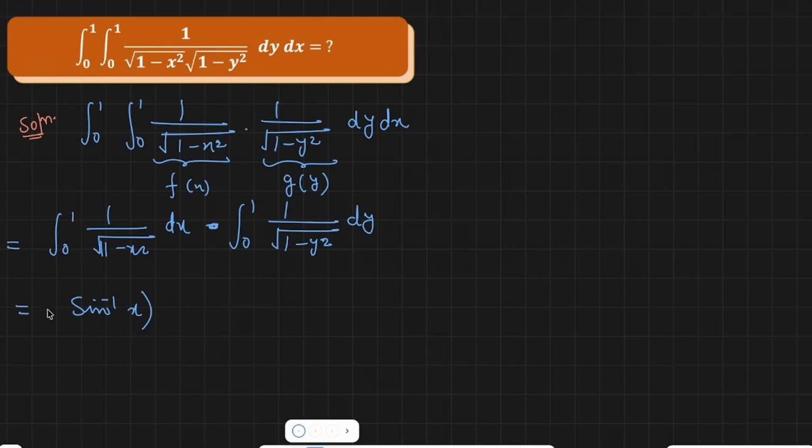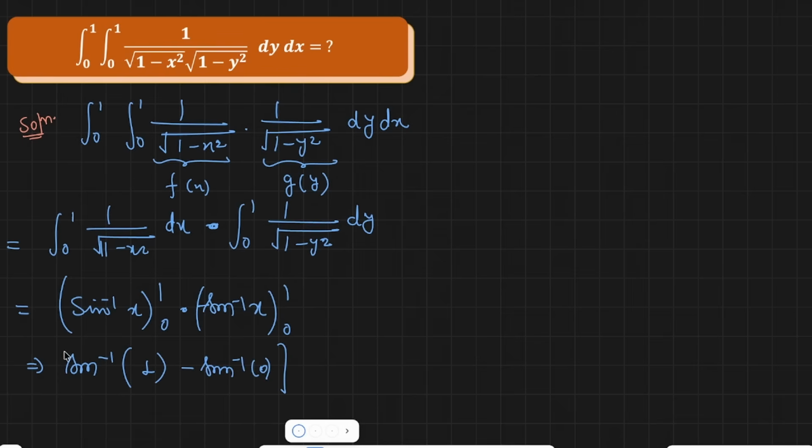So it is sine inverse x, limit 0 to 1, into sine inverse y, limit 0 to 1. When you put the limit, it will be sine inverse 1 minus sine inverse 0, and here also sine inverse 1 minus sine inverse 0.